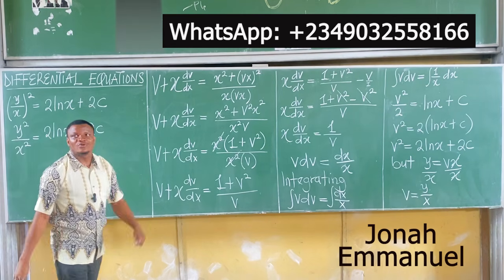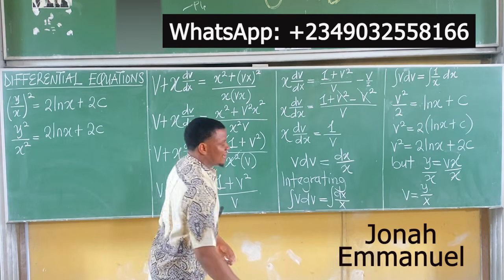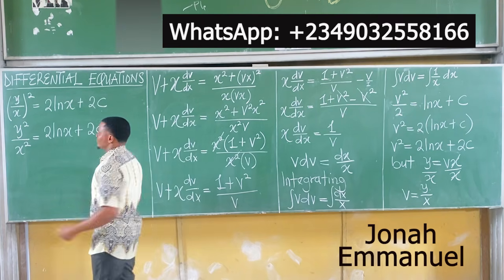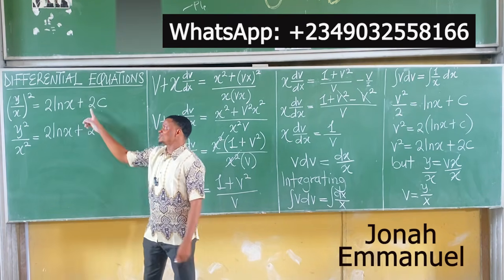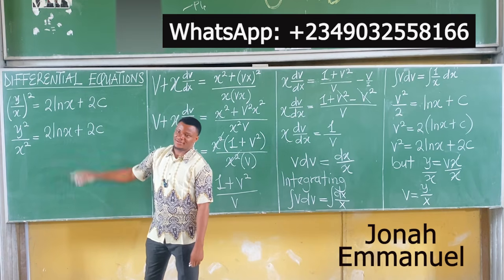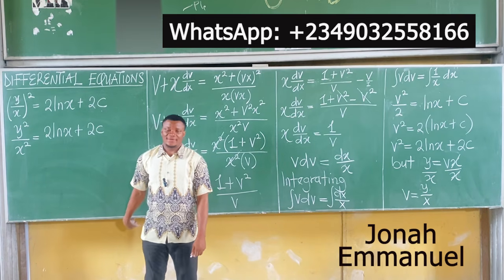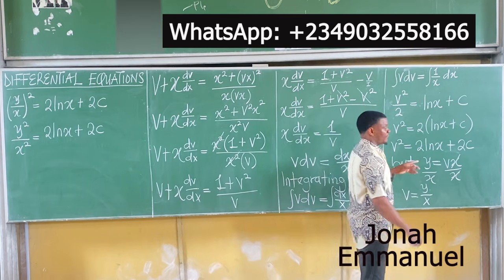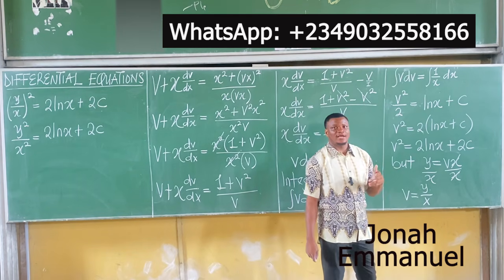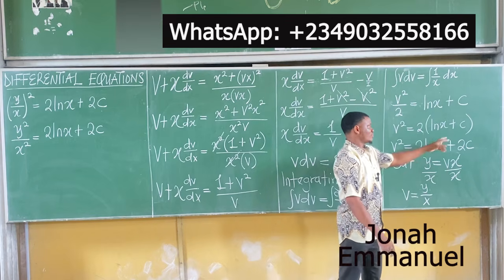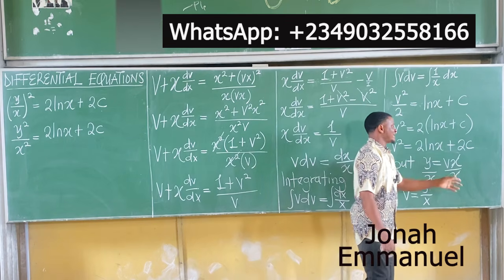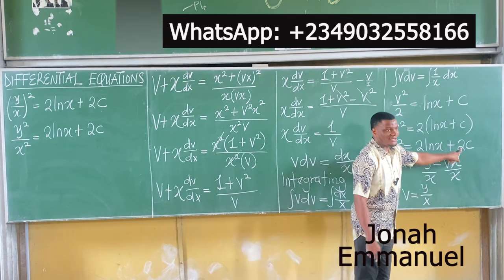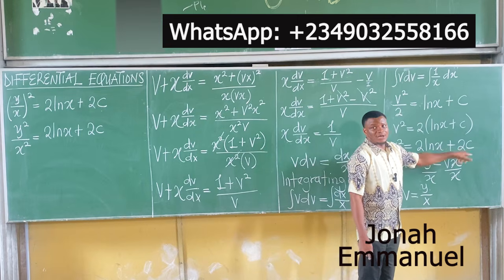Most authors would say 2 times c is c. And the reason is this: if you look at most texts, most authors and most other persons online, they'll tell you the answer as 2 ln x plus c. You won't see 2c. Why is this so?